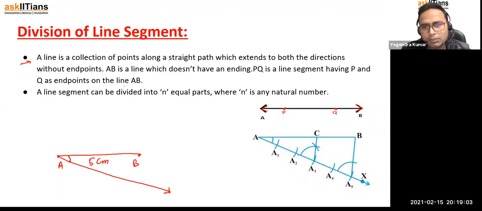Many students wonder why they say to use a compass. Though we have so many tools, like a scale, with which we could do this right away, they want to give you the scenario when you don't have those tools: how can you do it? A compass is a pretty basic thing. You can tie a thread to your pen and make a compass.